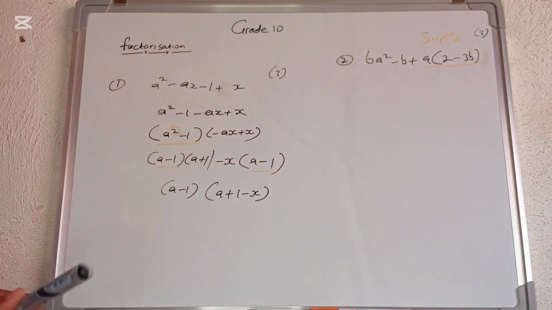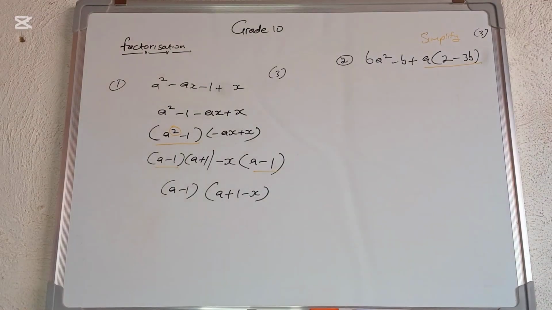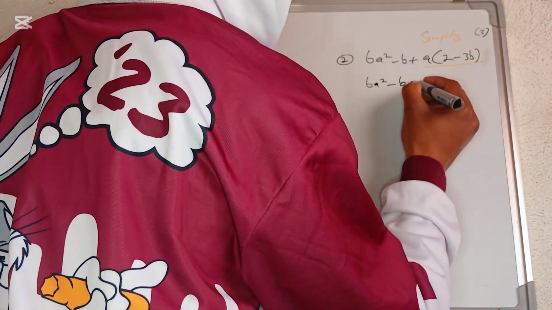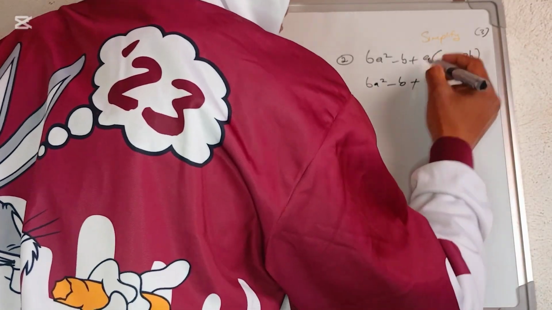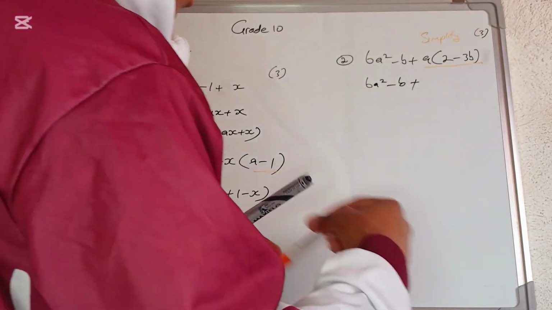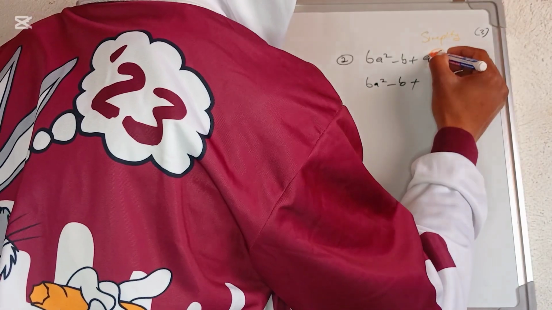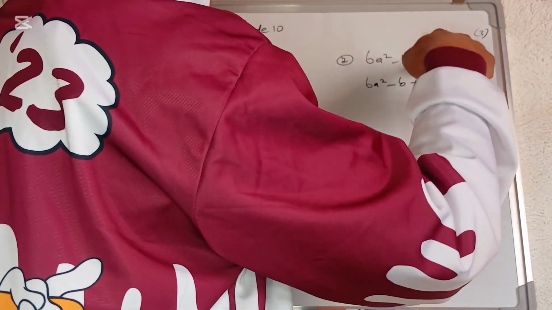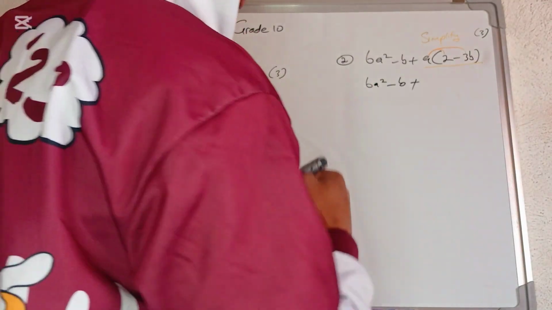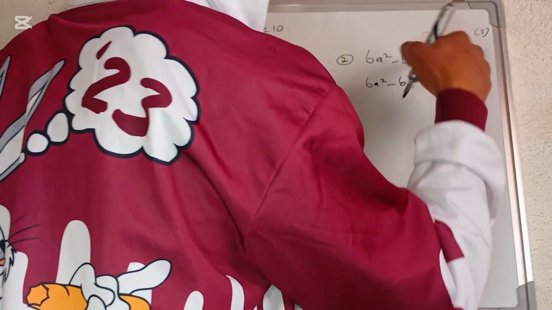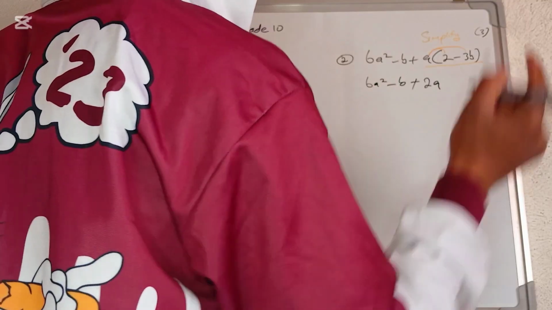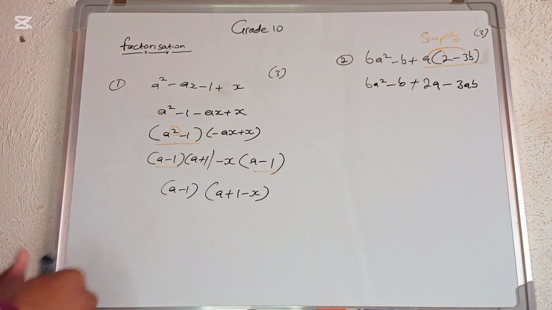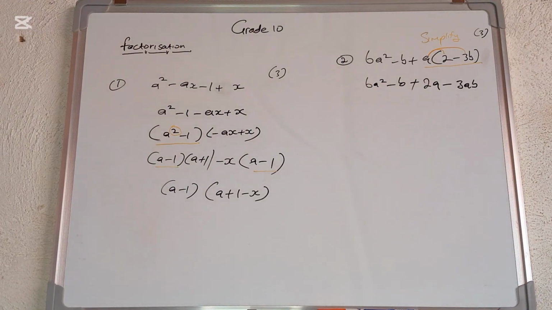You have to start by simplifying that one for it to be solvable. So we're going to have 6a squared minus b plus a times 2, which is 2a, and a times negative 3b, which is minus 3ab. When you have done that, it's now solvable.